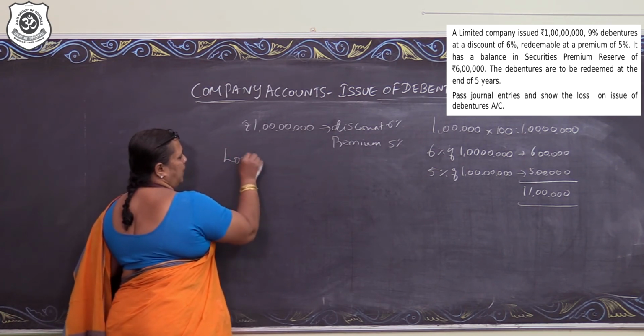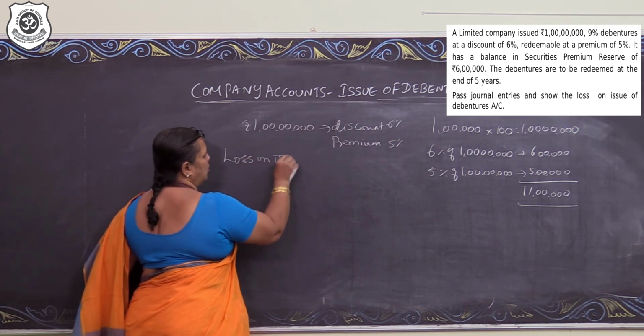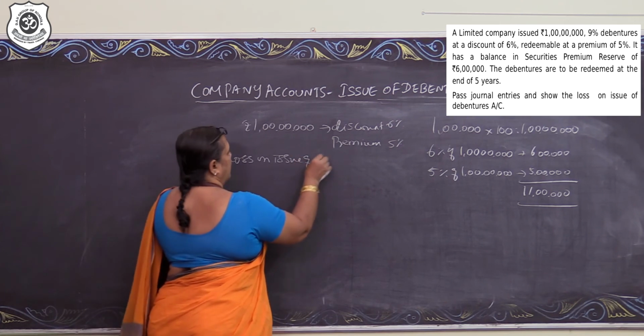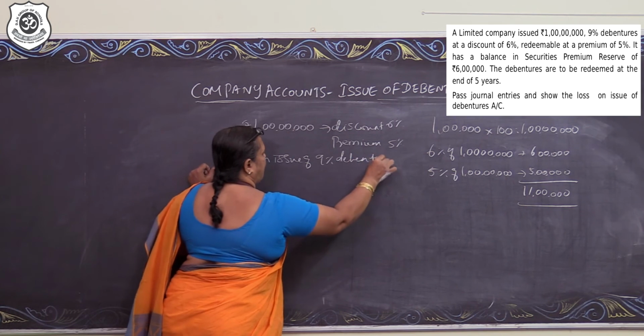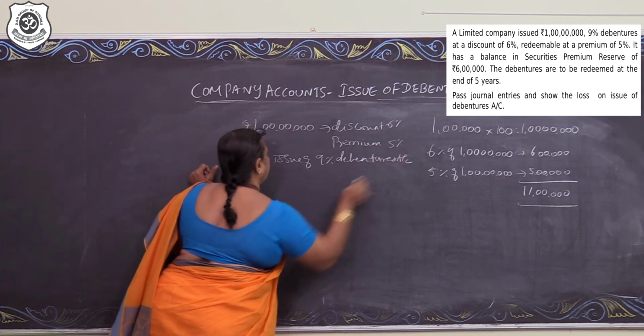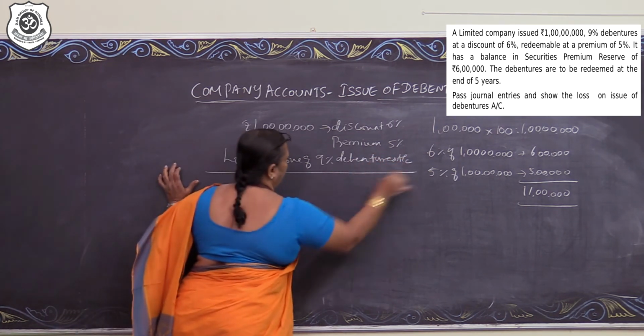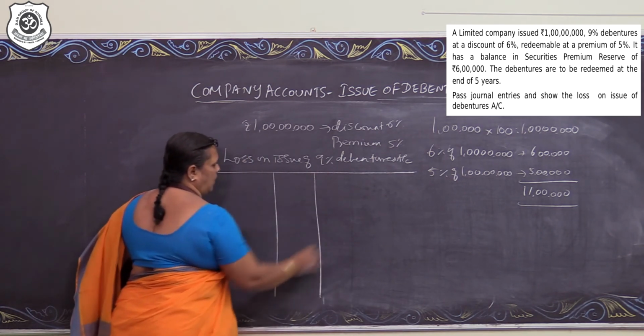So we are going to prepare loss on issue of 9% debentures account.